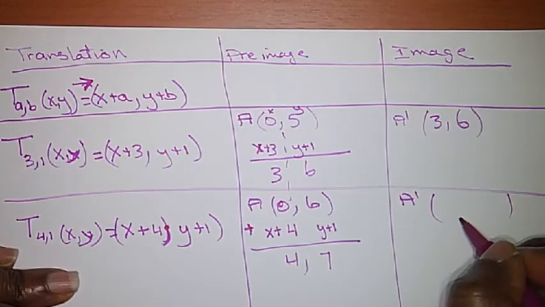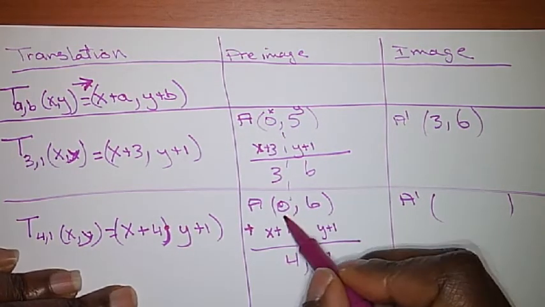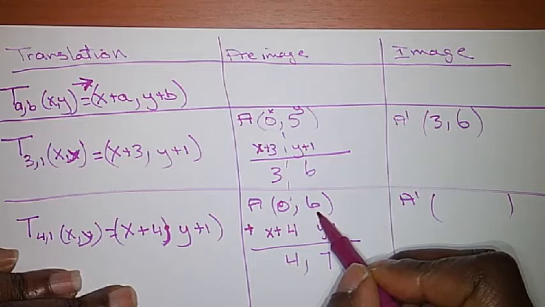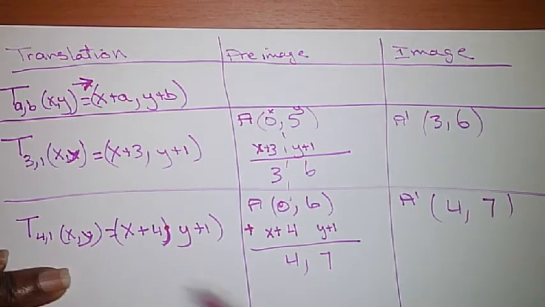So my transformation here is I just translated 0, 6 coordinate point to 4, 7.